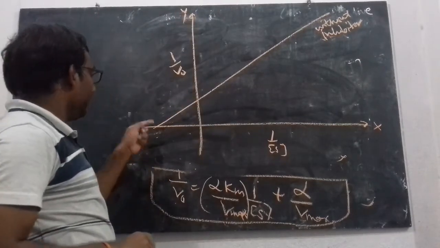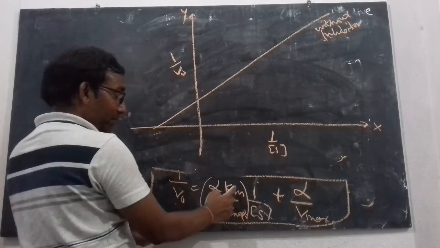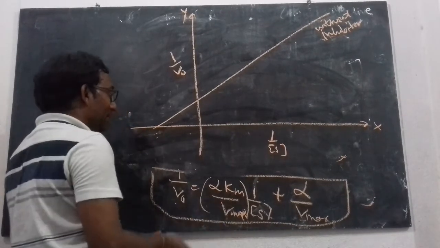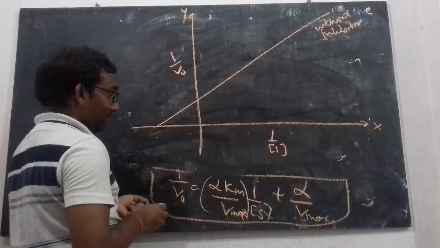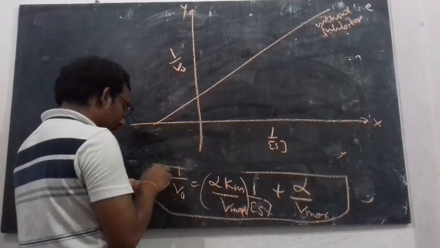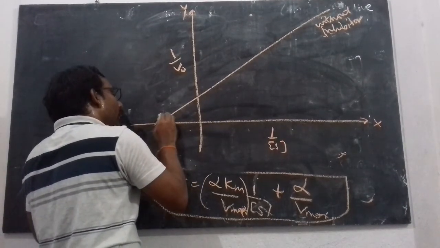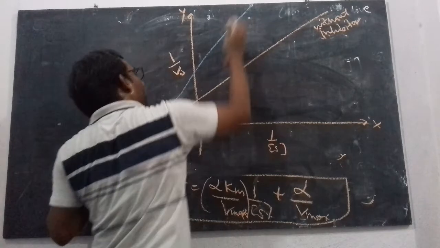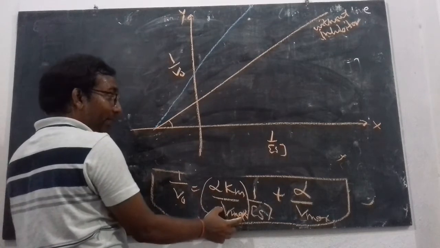Now in the presence of inhibitor, the slope has changed alpha times. Normally the slope is Km by Vmax, now the slope has become alpha Km by Vmax. So the slope is increased. Initially the slope was this much, Km by Vmax.